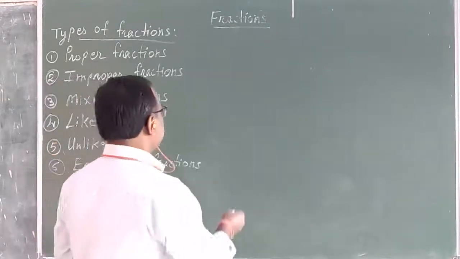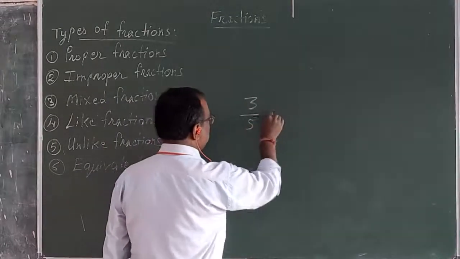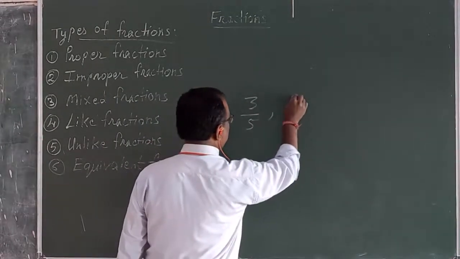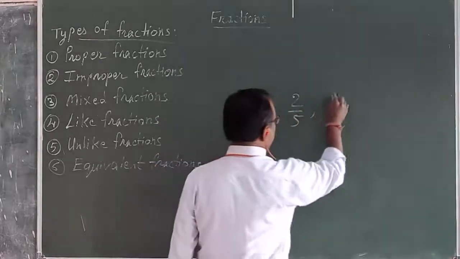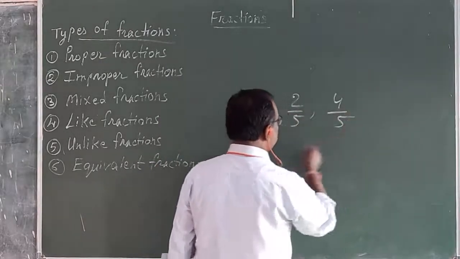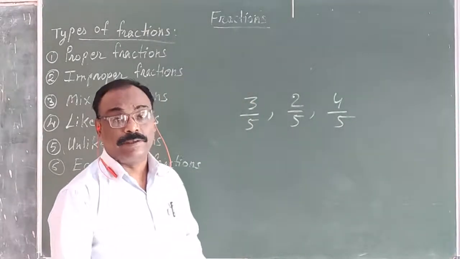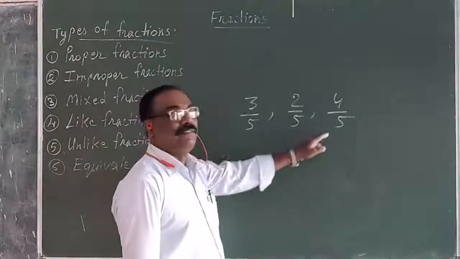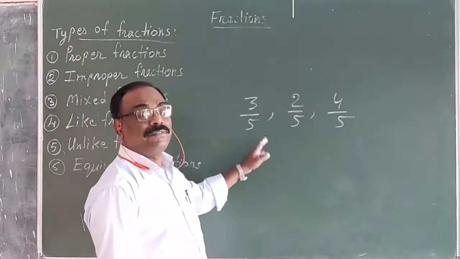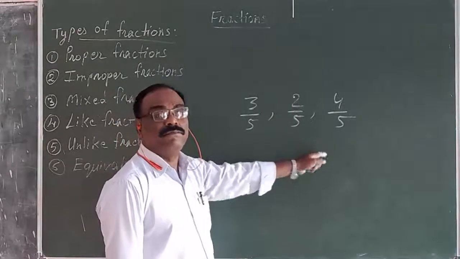Suppose I write here 3/5 and I have written here 2/5. I have written here 4/5. So you can see I have written three fractions. But what is same here? If I notice, all the denominators are 5. All the three fractions are having the same denominator 5.